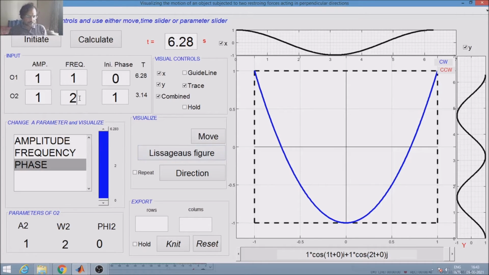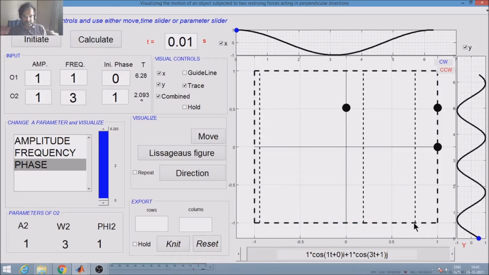Now let us see what happens if it is 3. Y frequency is 3 and x frequency is 1. And let's keep some initial phase and let us see what happens. You can see there are 3 points at which it will touch the y equal to -1 line.